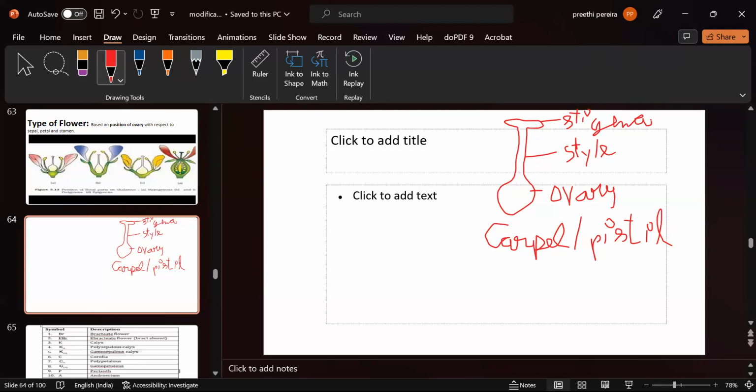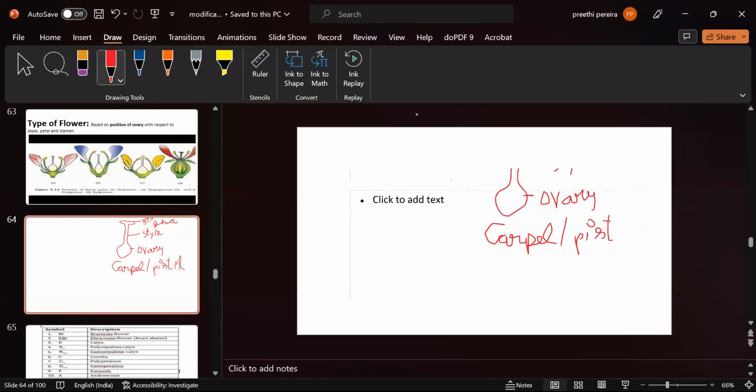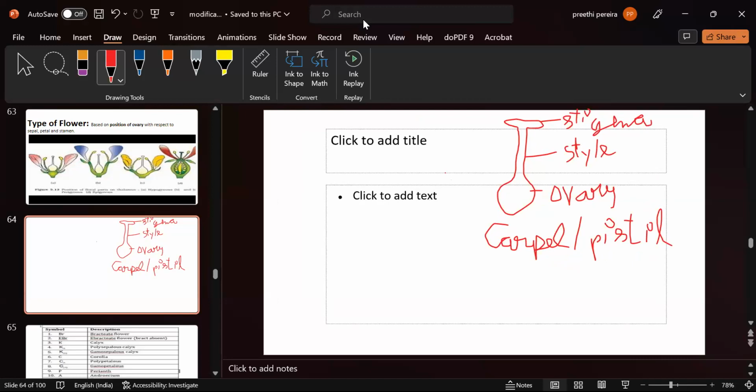Okay? Now we are classifying plants based on the position of the ovary. Suppose, think that this is the thalamus or receptacle.